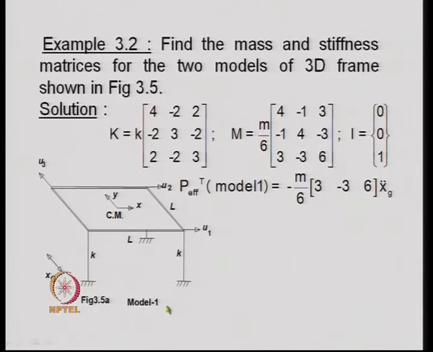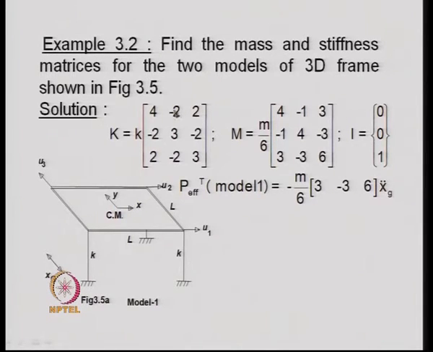So, for the model 1, we see an interesting thing. The K matrix, since it is an asymmetric system, since one column is absent over here, the system will be having a two-way eccentricity. That means, center of mass and center of rigidity will be placed such that there is Ex and Ey, 2 eccentricities will come into picture.